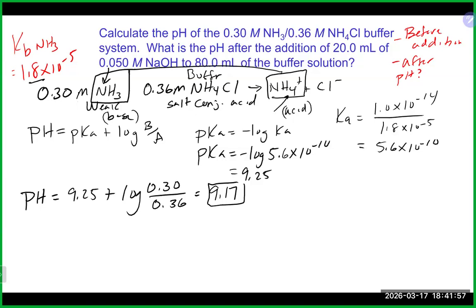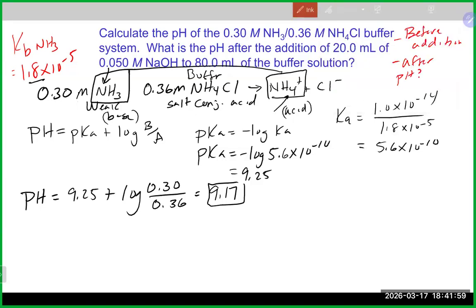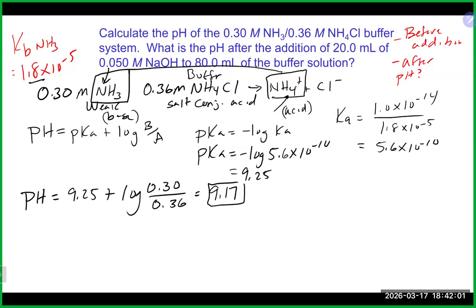Now, just to illustrate, if you chose an ICE table instead, like I said before, you could just do NH3 plus some water, NH4 plus, and OH minus. Initially here, this would be 0.3, this would be 0.36, again important for it to be a buffer, and this would be 0.